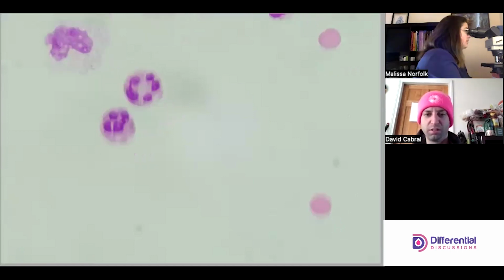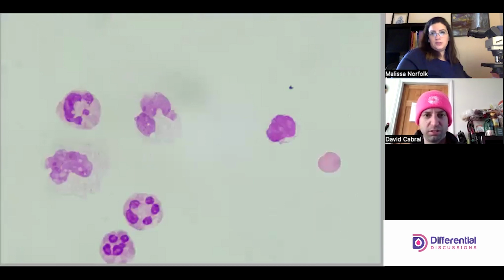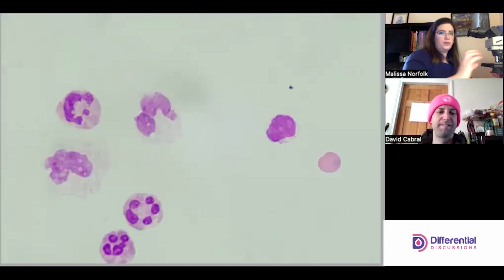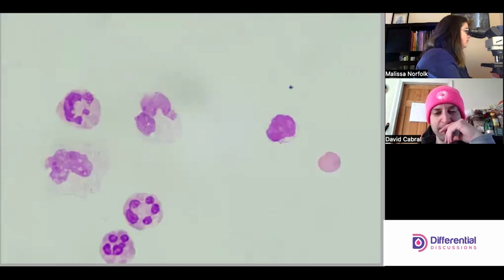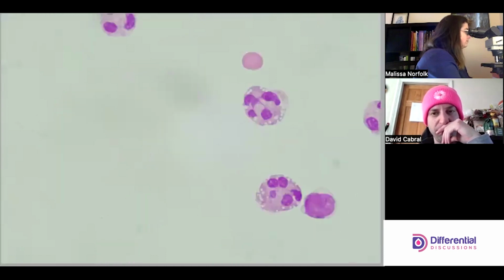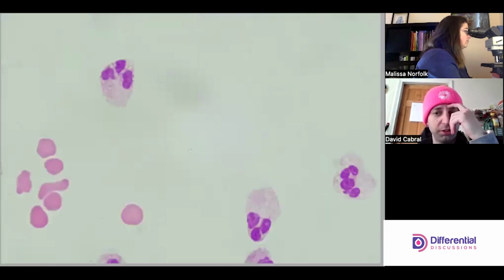Wrong direction. Let's see, this guy's a little lymph, and he's got a couple of granules in here. So you can still see the granular lymphs when you're looking at body fluids. Monos, and the rest are neutrophils. Some vacuoles in some of these cells, teeny weeny little ones.